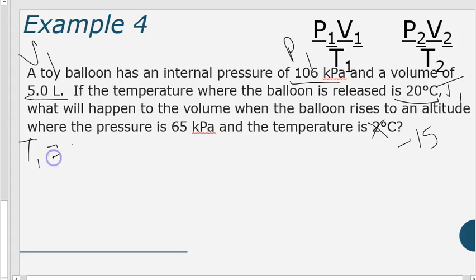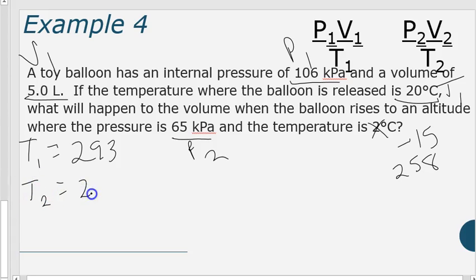T1 equals 293 Kelvin. And then they give us another pressure, that's 65 kilopascals, that's P2. And then they give us a temperature, which is negative 15, so we'll need to change that. That should be 258 Kelvin. So T2, 258.